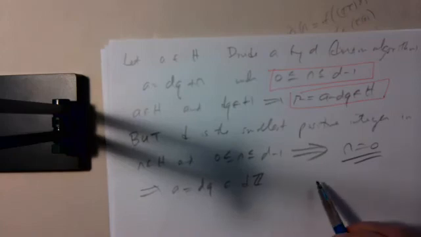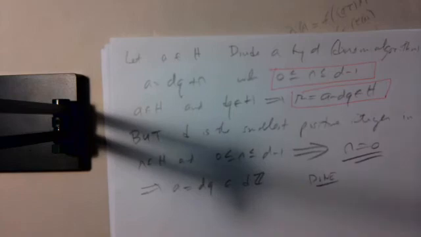It's a multiple of D. And we're done, at least with half of the theorem. So therefore, H is equal to the multiples of D for some D greater than or equal to 0. If H is just 0, then D is 0. If H is not just 0, D is positive.